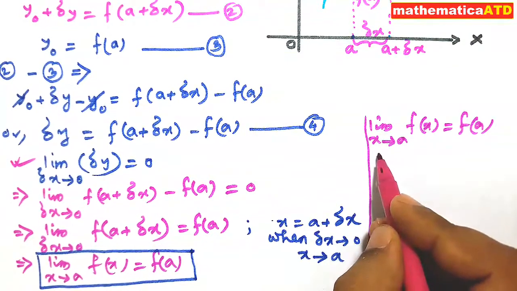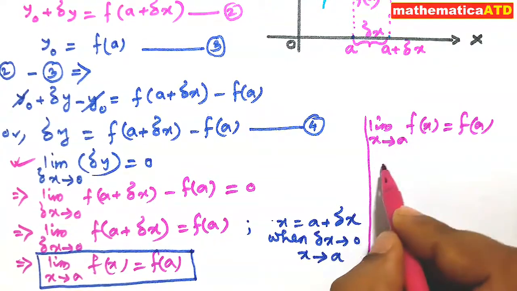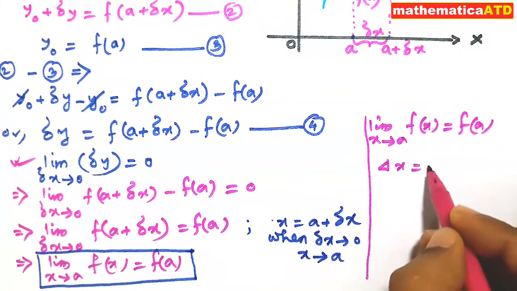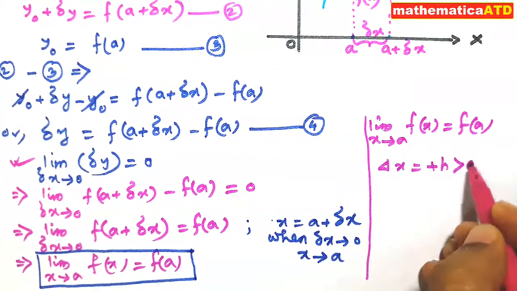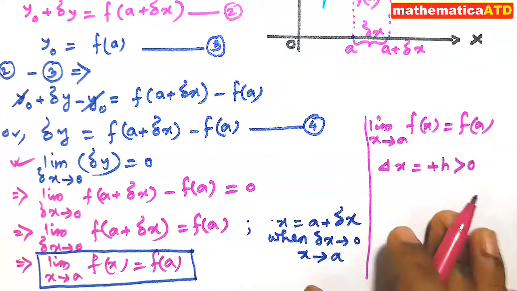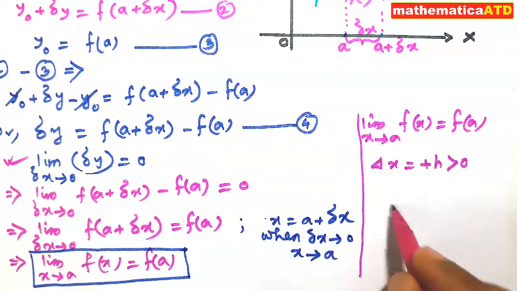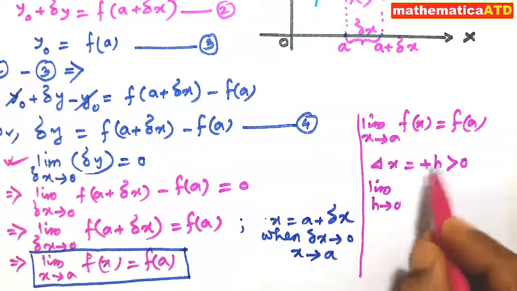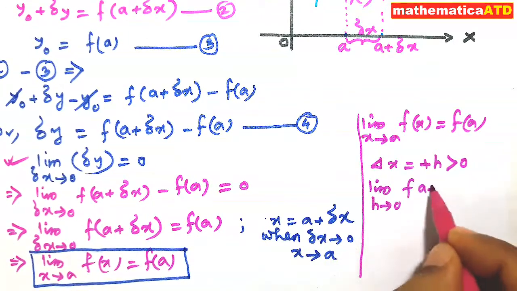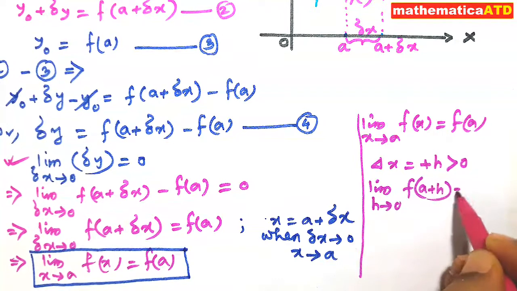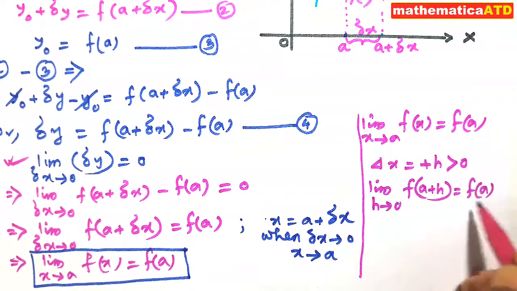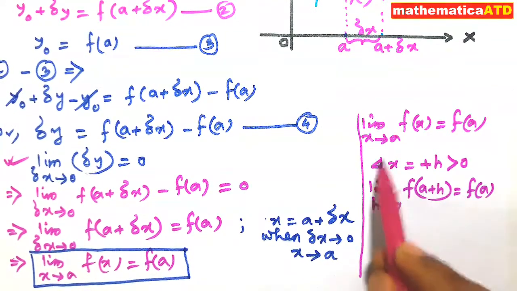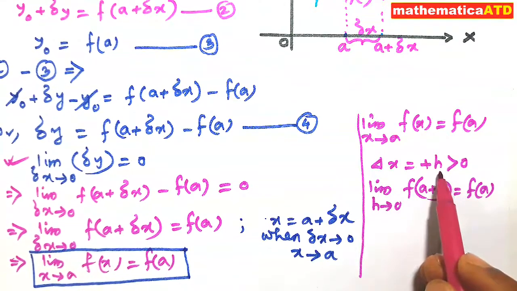Now suppose delta x is equal to positive h, which is greater than 0. So in this case, what can we write? We can write limit h tends to 0, f(a plus h) is equal to f(a), isn't it? Since delta x is taken a positive quantity.